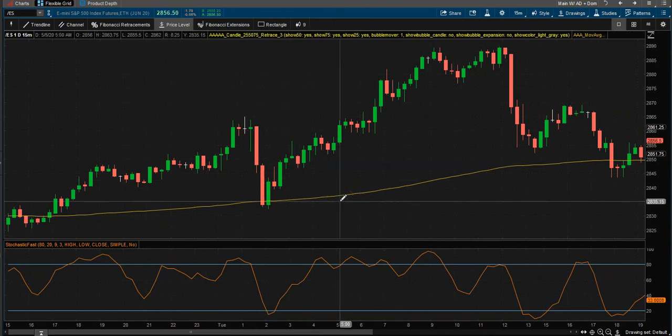And once you understand this concept, and I'll go through it in this whole video, trading is really not that hard, and the charts will tell you exactly where to put your stop loss and where to enter the trade. So let's jump into it.